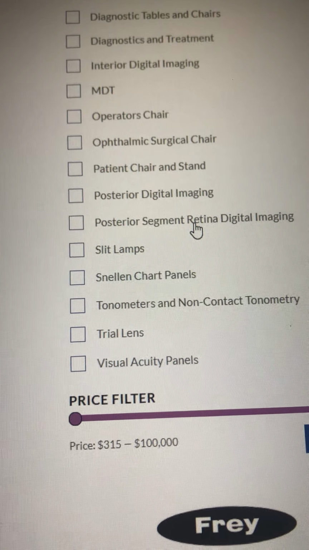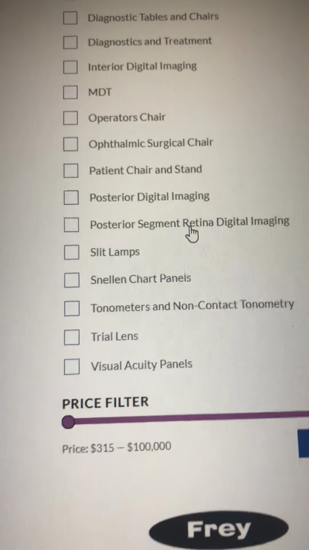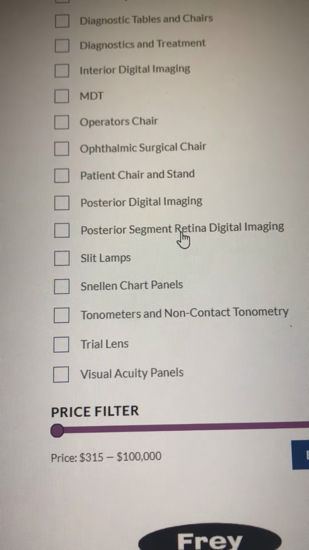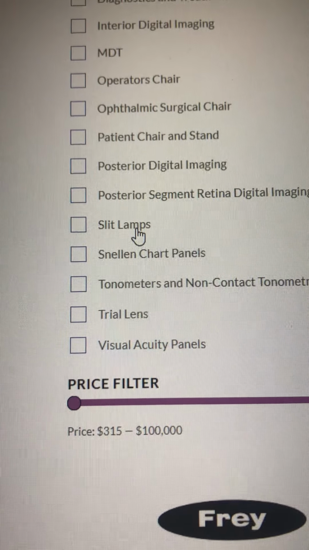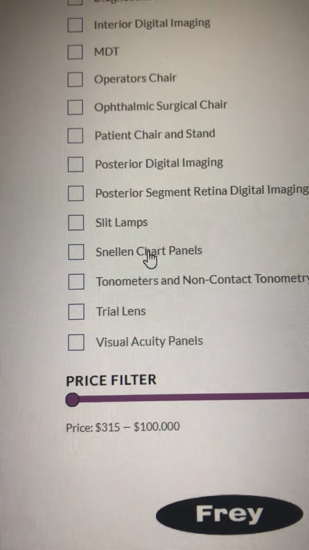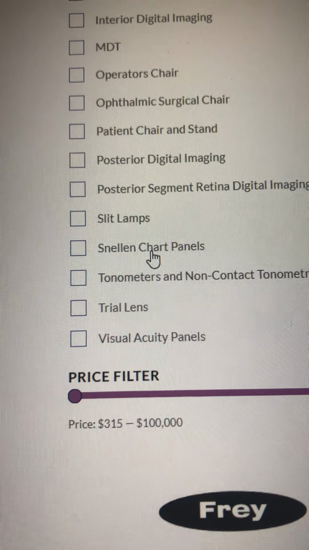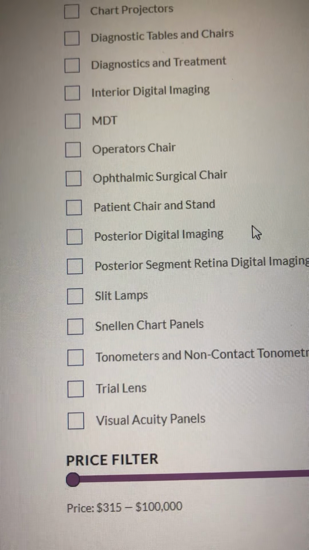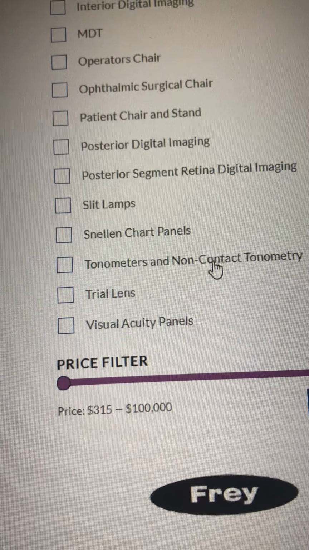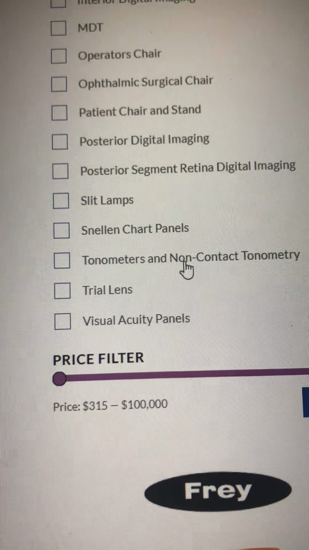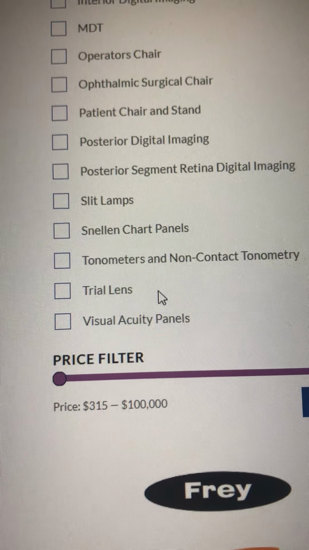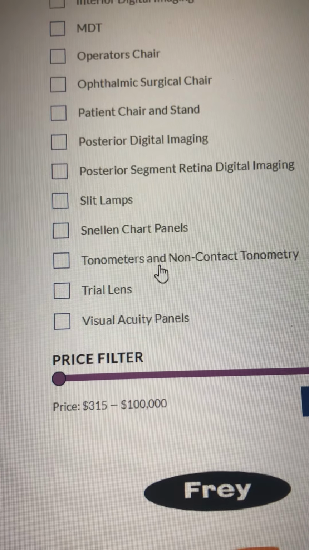If we're talking about OCTs here, then just say OCTs or OCT, like we have here with slit lamps or Snellen chart panels, right? That just makes more kitchen English sense. Just say tonometers here instead of tonometers and non-contact tonometry.